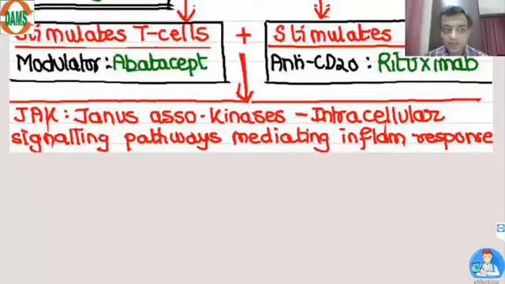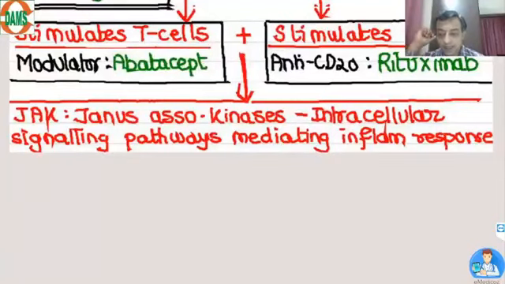What do they do? The T cell and the B cell together activate the JAK. What is JAK? Janus associated kinases, the intracellular signaling pathways mediating the inflammatory response.